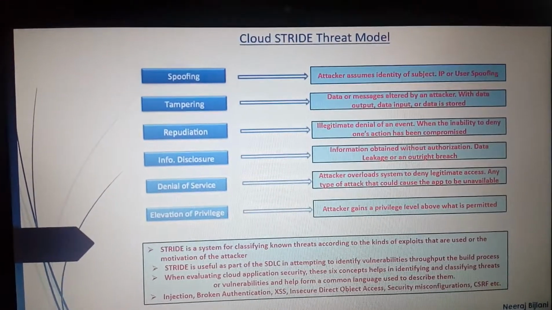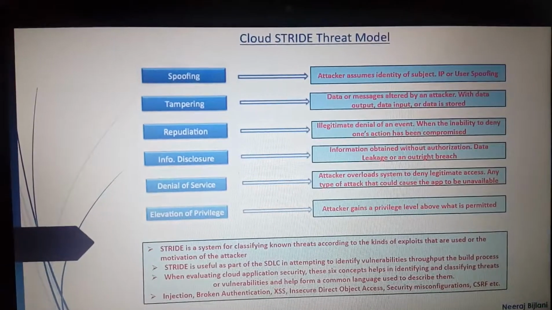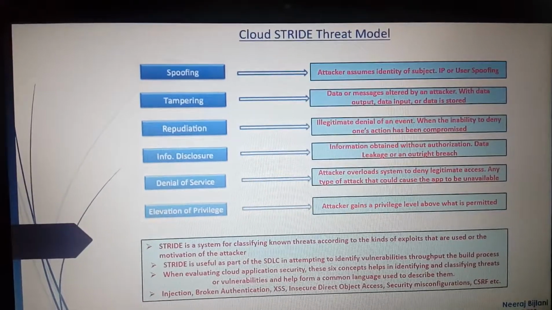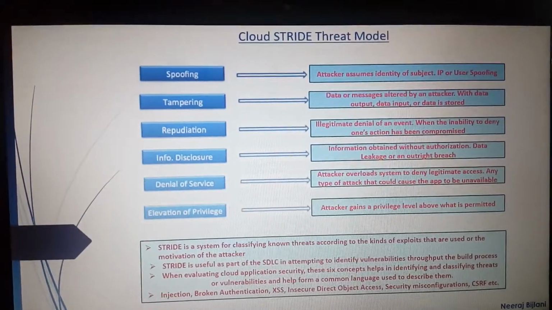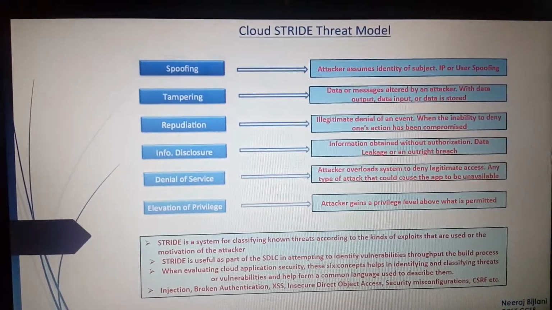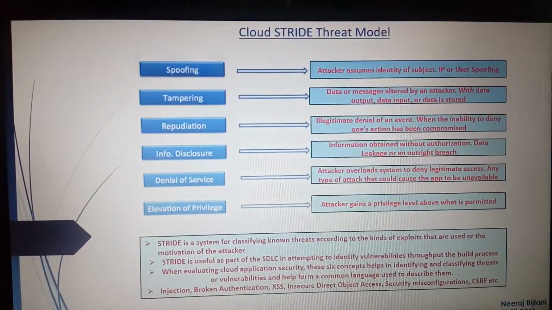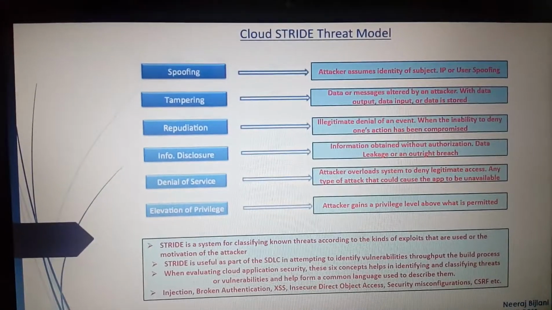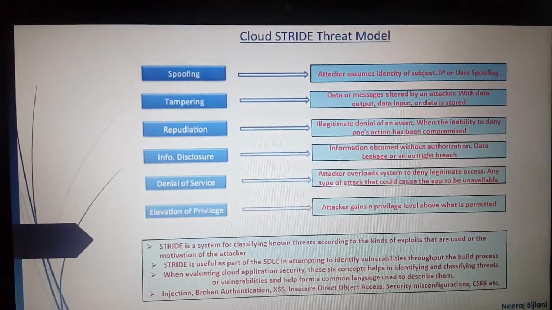So the developer must ensure that there is no exploit that involves information disclosure. Next is denial of service. As you are aware, it is a type of attack that could cause the application to be unavailable, right? All intended users want to access the application, but the application is not available because there is a denial of service attack on it.